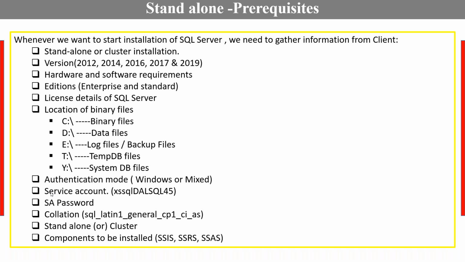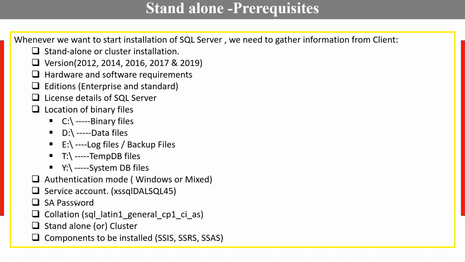Next, very important, is the service account. When you get any new SQL installation, you need to raise a service account request. You need to get the details from your project. If you are freshly taking the KT, or you are already working as a DBA, you are familiar.